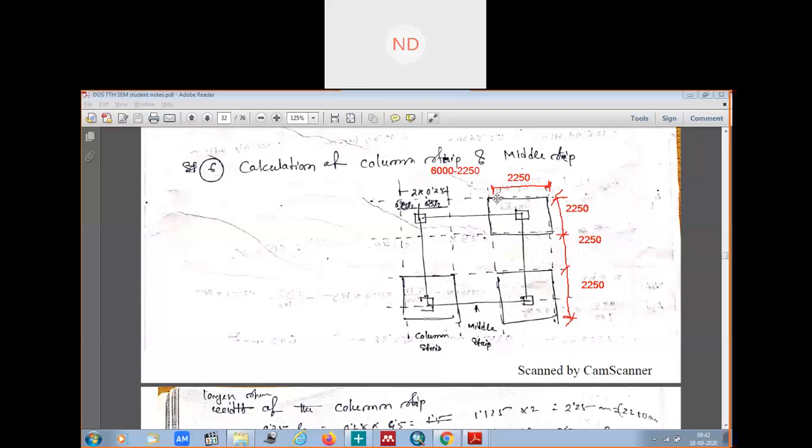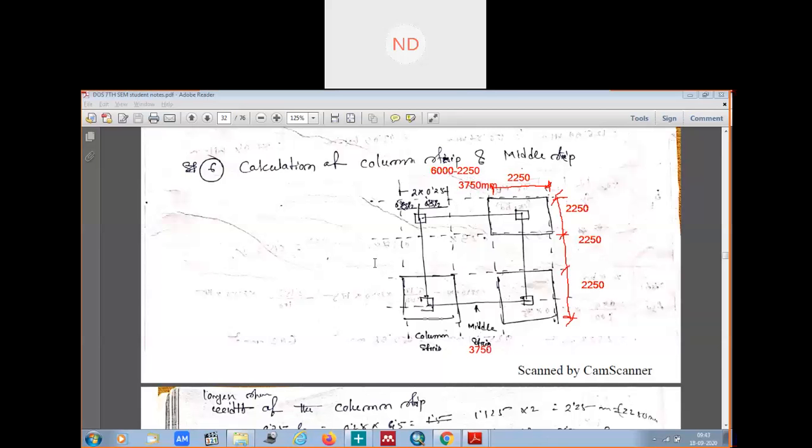This is the width of the middle strip along the shorter direction. So what will be this value now? This will be 3750 mm. Okay, so from 6000 minus 2250, we got our middle strip to be 3750.